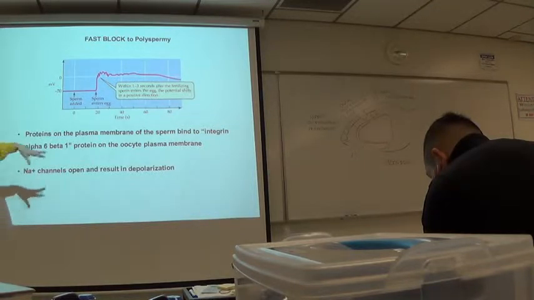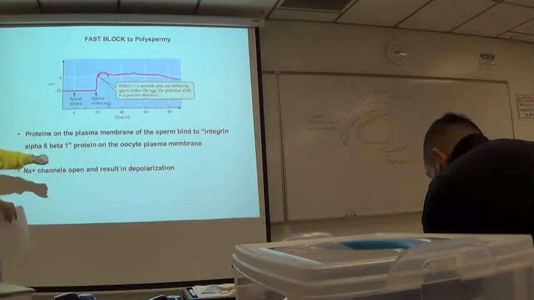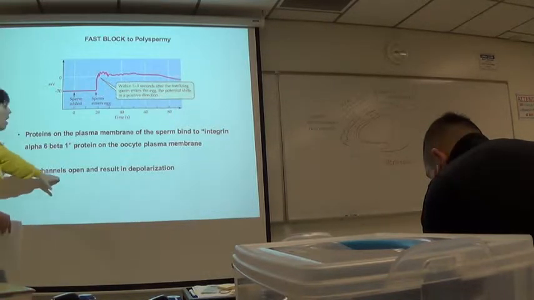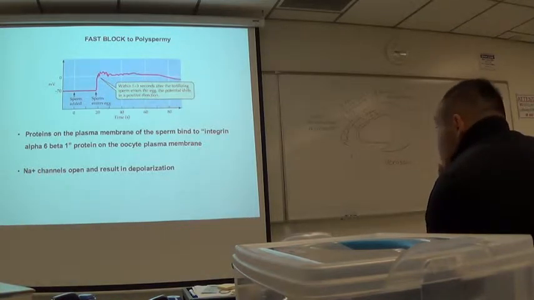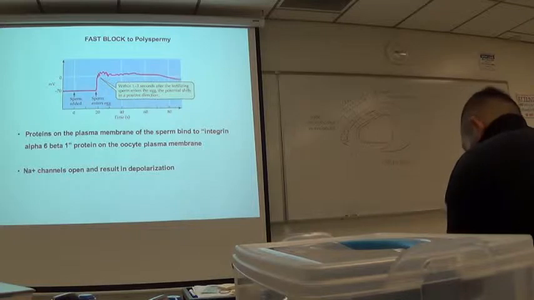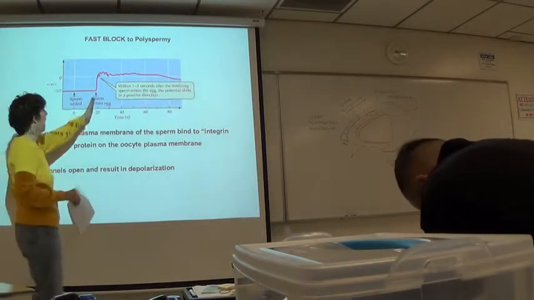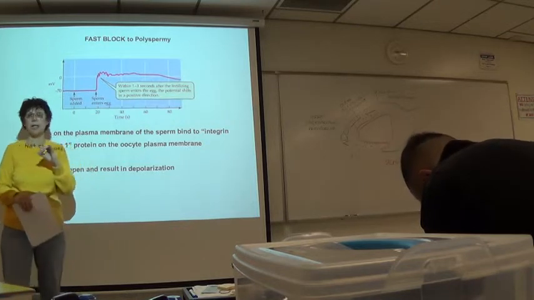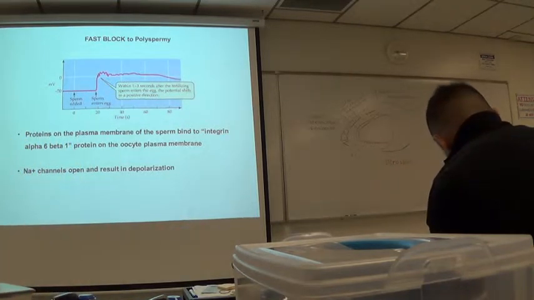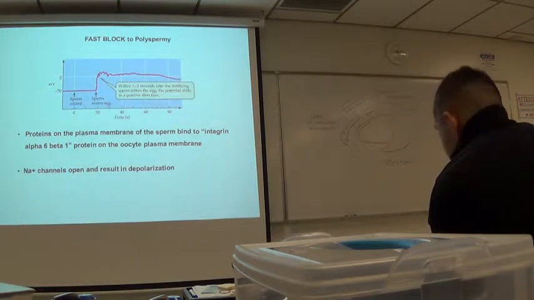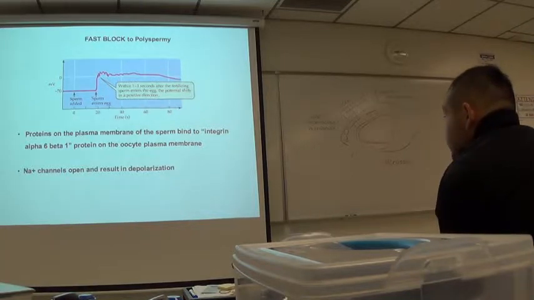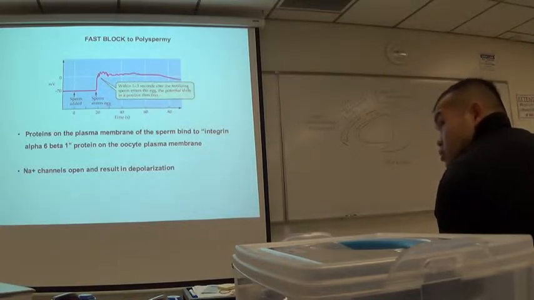But it makes its way through, binds to the integrin alpha-6 beta-1, and one of the things that occurs is that sodium channels open. Remember, sodium is higher in concentration outside the cell than inside the cell. And so we see a spike, an elevation in the positive charges inside the cell, just like we talked about with muscle and with nerve.